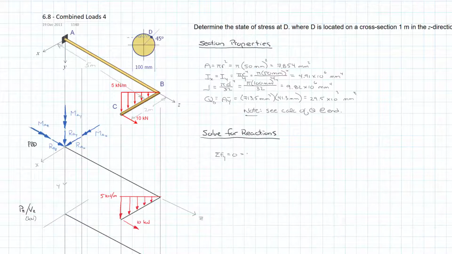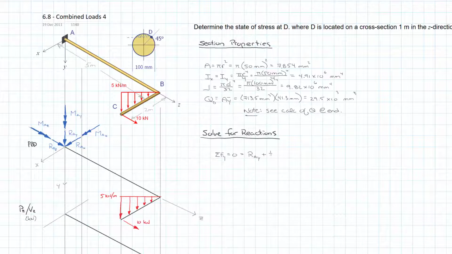And so we have our RAY. I've drawn all of my reactions in as positive just to make it simple, and then if I get a negative sign, I'll just deal with it as a negative. My triangular distributed load is acting in the positive y direction because y is shown as positive down.